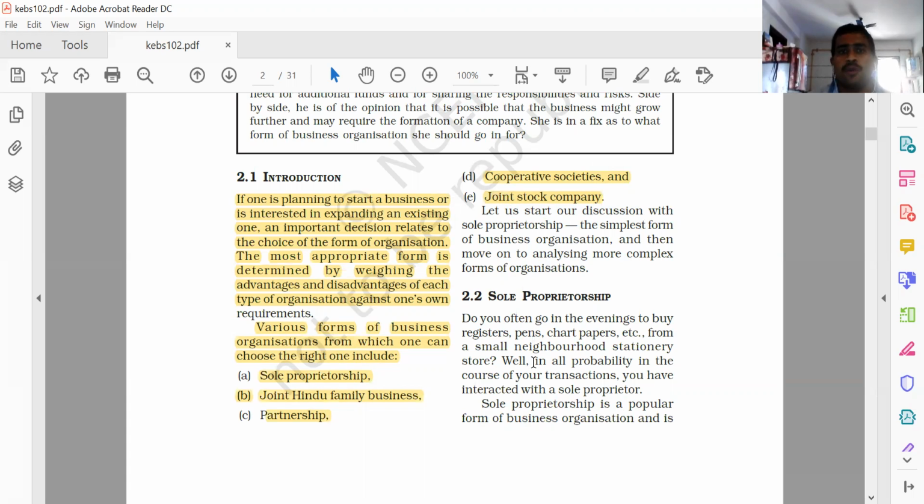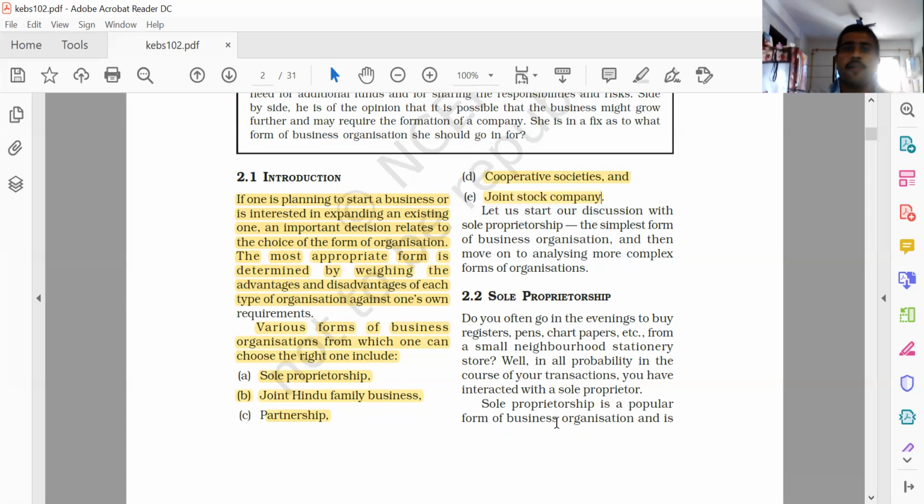Now, what is sole proprietorship? I am saying the definition too. When only one person is at the top who thinks of starting the business, arranges the capital, right? And does everything for the business, manages the whole business, that is known as sole proprietorship.